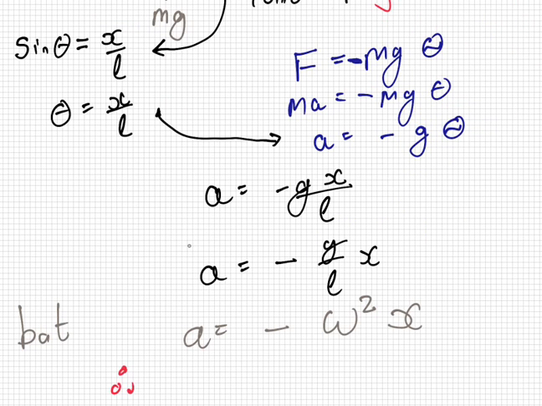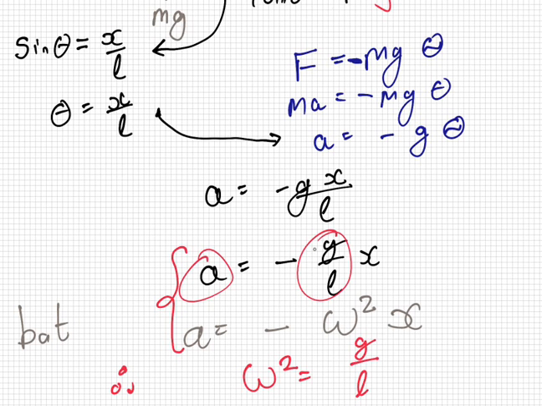Therefore, putting these together, omega squared equals g over L, by just comparing. a equals minus a number times x in both cases, so these must be the same number. Take a square root and I get omega.